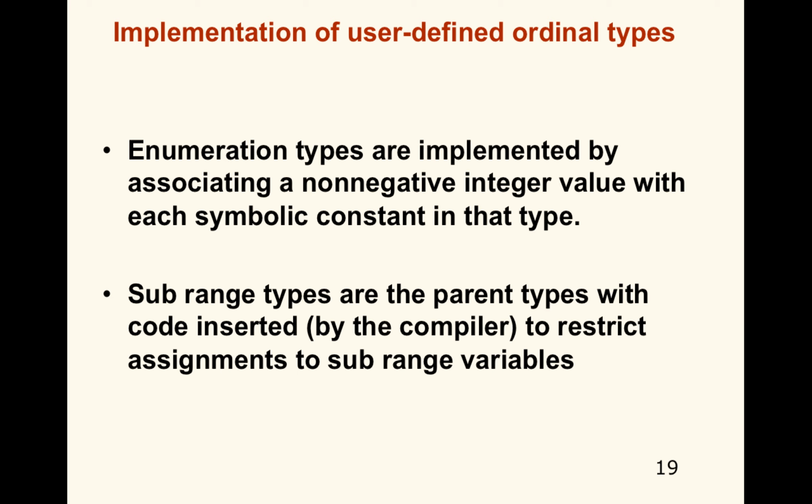So when it comes to the implementation of the user-defined ordinal types, the enumeration types are implemented by associating a non-negative integer value with each symbolic constant in that type. So 0, 1, 2, 3, 4. The subrange types are the parent types with code inserted by the compiler to restrict the assignment to the subrange variables.